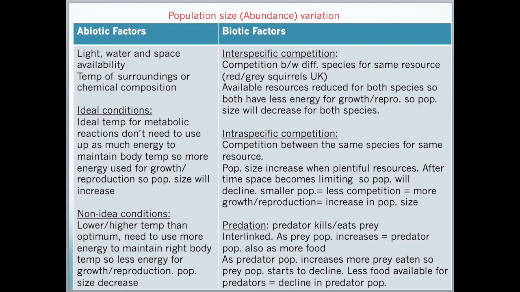But as over time the predator population increases, more prey is eaten. So eventually the prey population starts to decline, which then leads on to less food being available for the predators, therefore a decline in predator population will happen.